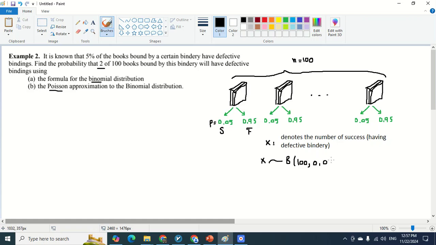Right now, if I want to calculate the probability of x equal to 2, simply you can use the binomial distribution function to calculate that.